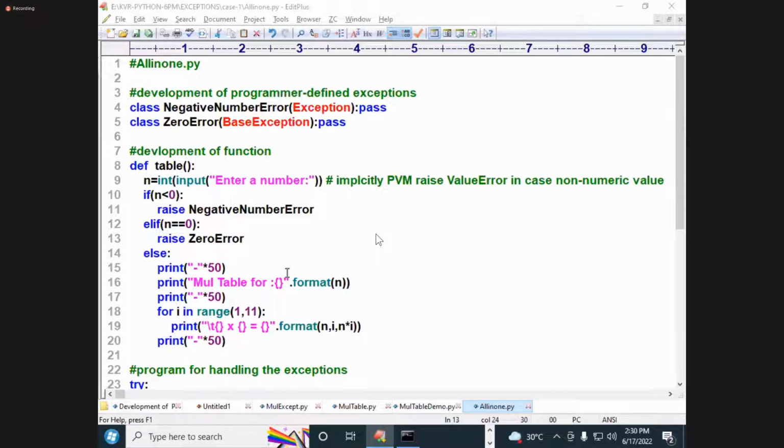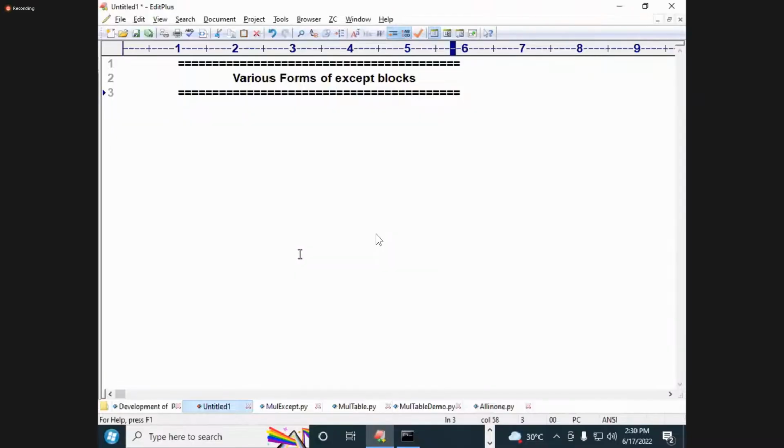Okay? Right. Now I am going to introduce one more discussion, which is our heading: various forms of except blocks. What is the except block? You are already aware of it. Let me open one syntax, my dear students.